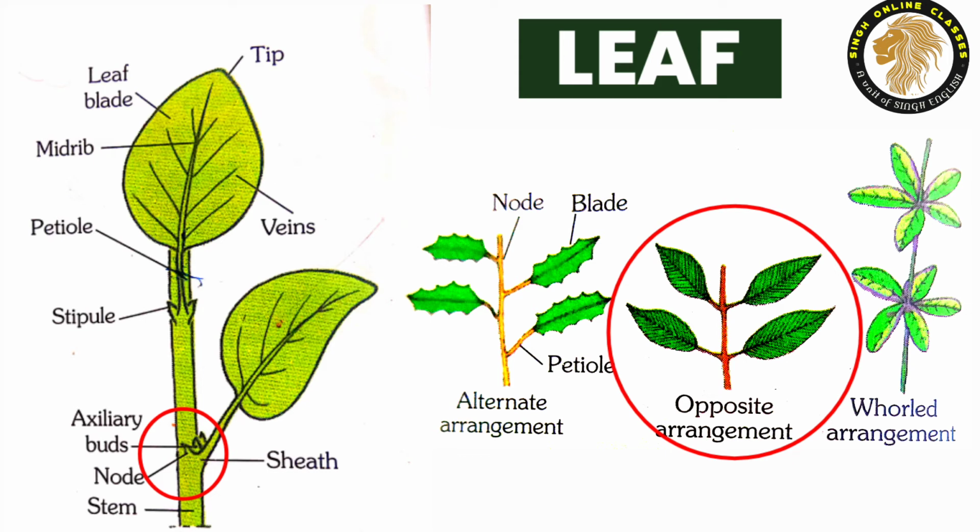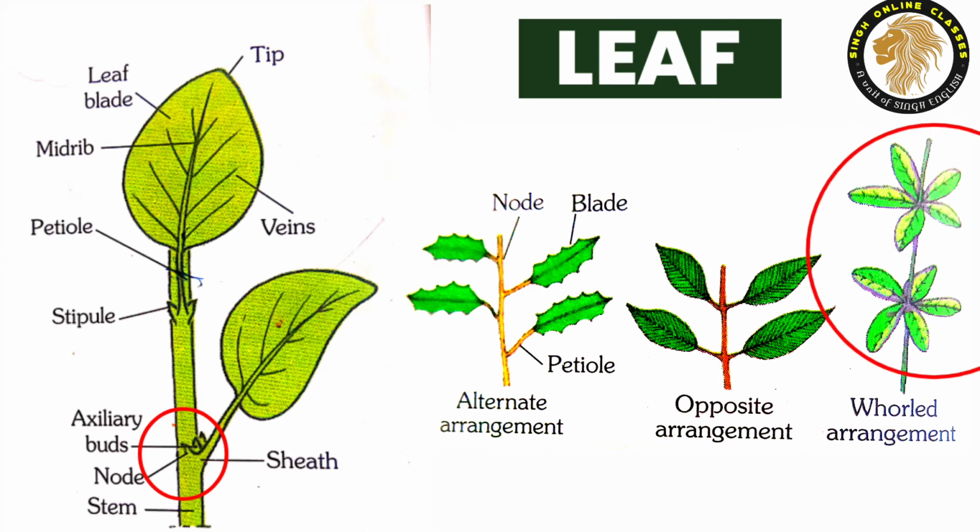When two leaves arise at each node, the arrangement is called opposite arrangement. When several leaves are arranged at a node, the arrangement is called whorled arrangement. See the different kinds of arrangement in this figure: alternate, opposite and whorled arrangement.